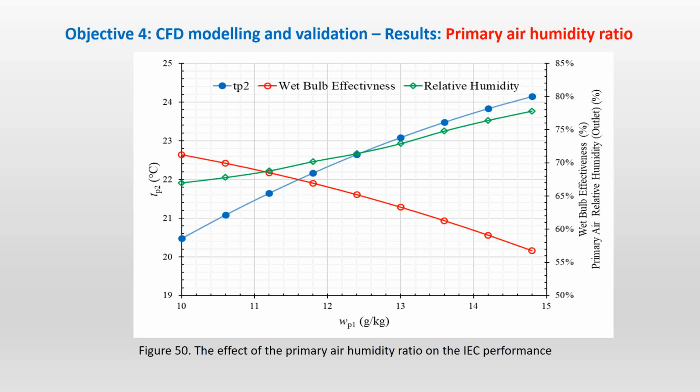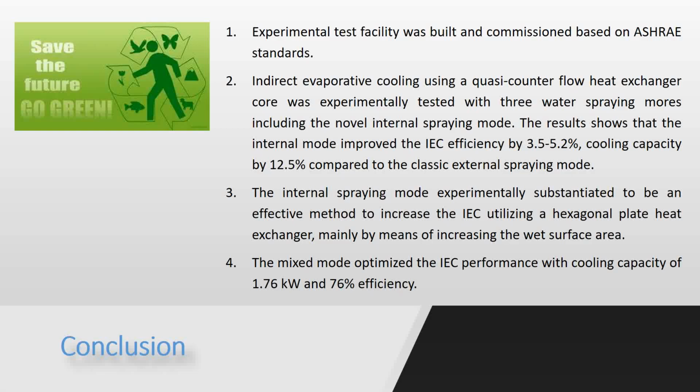So in conclusion, the experimental facility has been built and commissioned based on the ASHRAE standards. Indirect cooling using the quasi-counter flow heat exchanger was experimentally tested with 3 water spraying modes, including the novel internal spraying system. The test showed that the internal modes improved the efficiency by 3.5 to 5.2% and the cooling capacity by 12.5% compared to the classical external spraying mode.